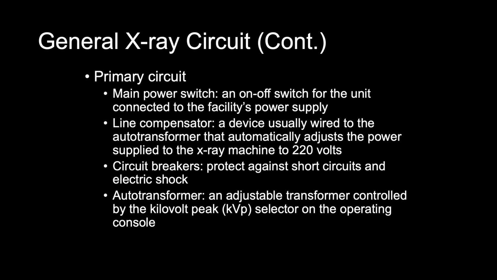So when we select a KVP setting, we will determine the number of turns on the secondary side to be included in the circuit element, and with it, the output voltage. Because of its function, the auto transformer is sometimes called the KVP selector, and its primary purpose is to provide a voltage that will be increased by the step-up transformer to produce the KVP selected at the operating console by us.